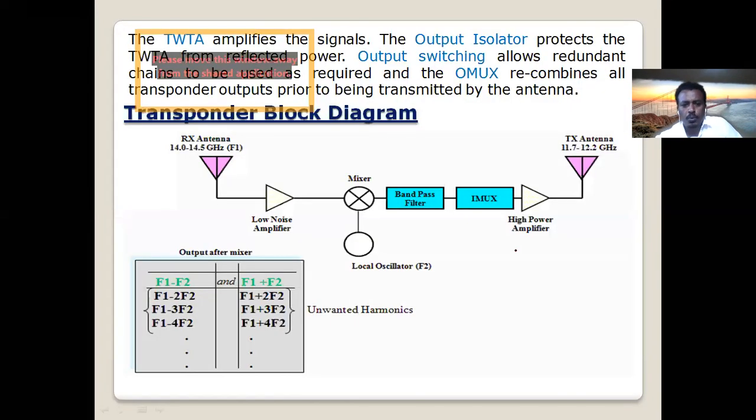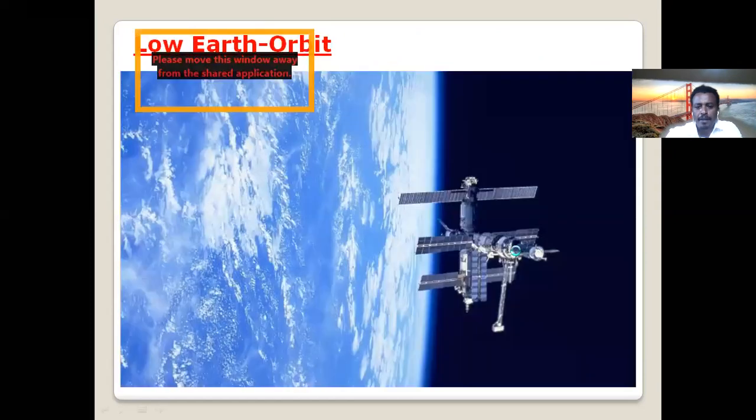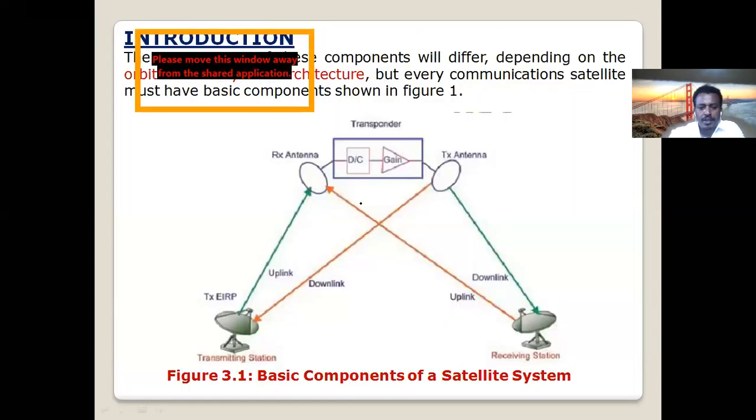Okay, so we have discussed so far a transponder. What's a transponder? A communication device we put in space. Why do we put it? To process the signal. When you send a signal from ground to space, as you can see here, what will happen?